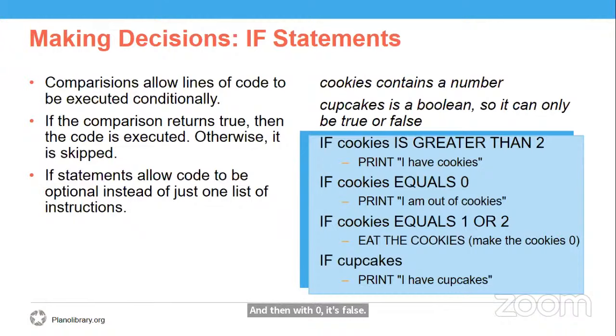Now we have another example to run through. So if we say that the variable cookies contains a number, and then the variable cupcakes is a Boolean, so it can only be true or false.